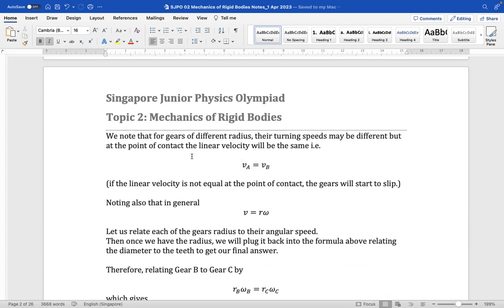We note that for different gears having different radius, their rotational speeds may be different or their angular frequencies may be different. But at the point of contact, the linear velocity is the same.